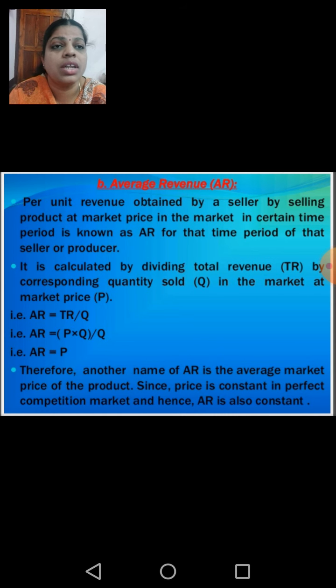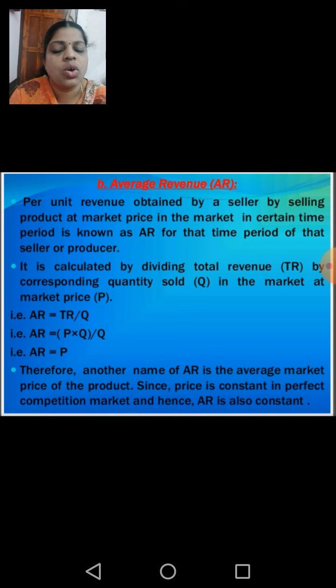Total. It's only for a per unit of output it is calculated. And I told you the formula also to calculate what? Average revenue equals total revenue divided by its quantity. TR divided by Q. Isn't it?